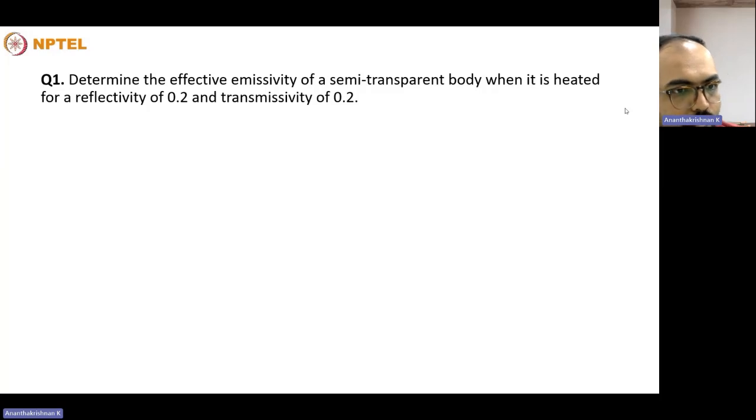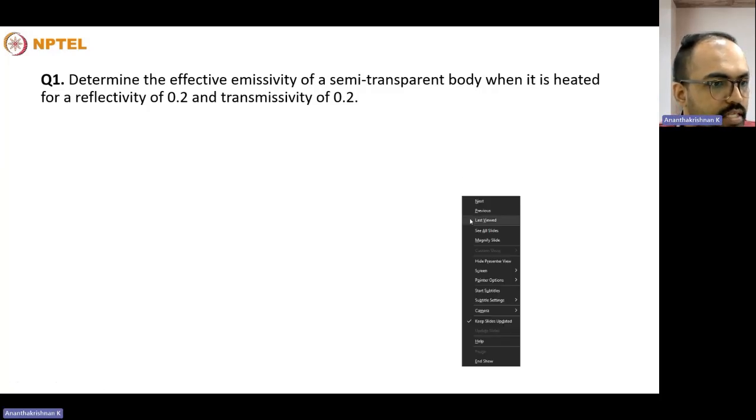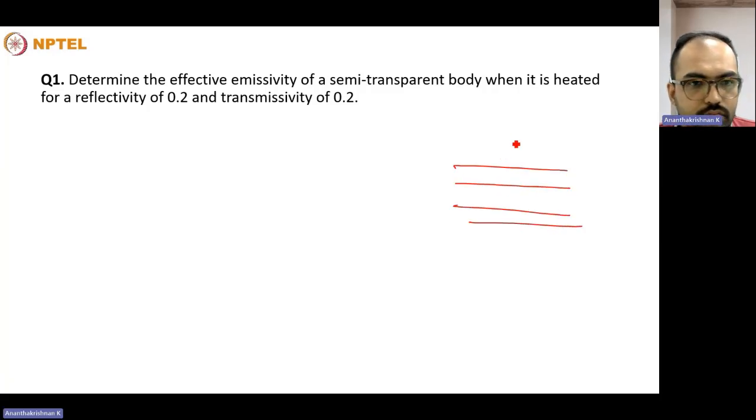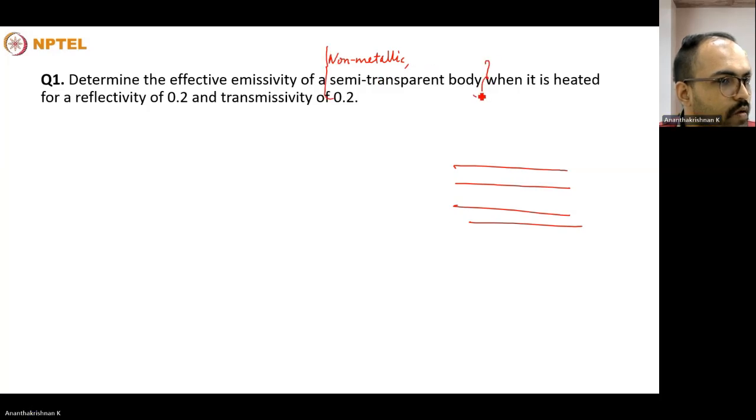So there will be several layers. As and when the radiation comes out of it, it will reflect from every interface between different inner layers. So consider a non-metallic semi-transparent body like plastic.